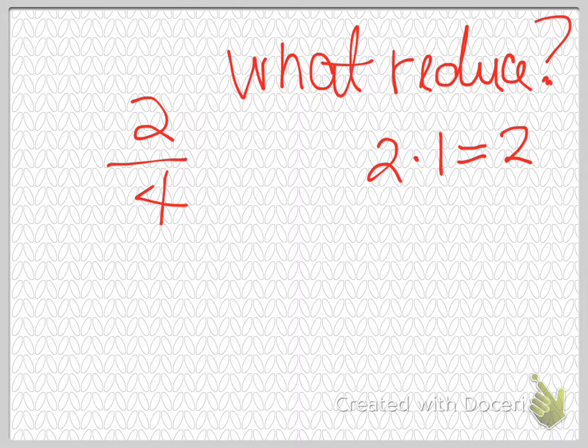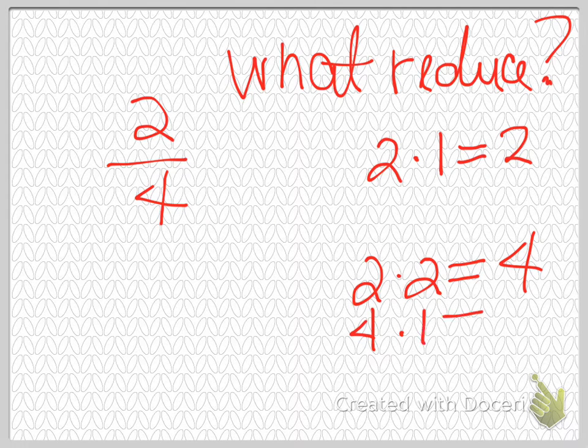I have 2 times 2 equals 4. But wait, there's still one more. I still have one more thing that can both go into 4. It's 4 times 1, which equals 4.